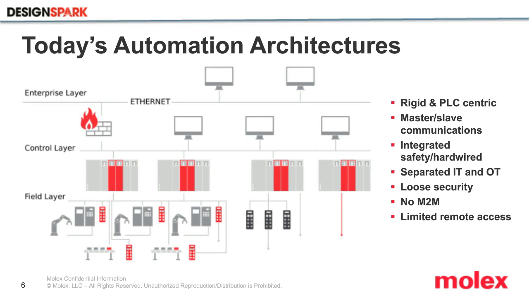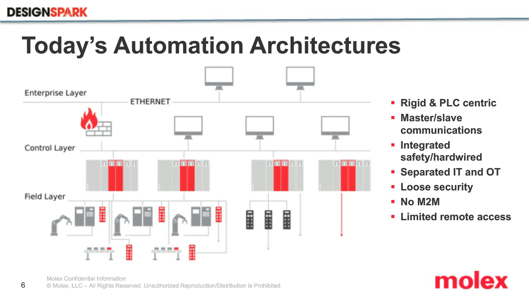So here you have a representation of today's architecture, and the first question is: is this infrastructure prepared for this revolution? You see on the top the enterprise level, which is also called the IT, with ERP software like SAP, which is currently separated from the plant floor, or OT, which stands for Operational Technologies.